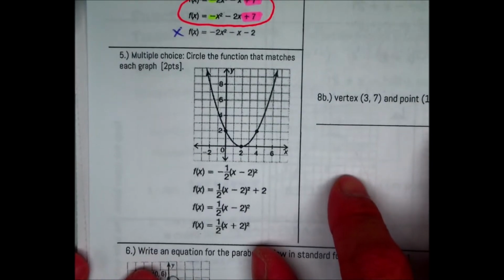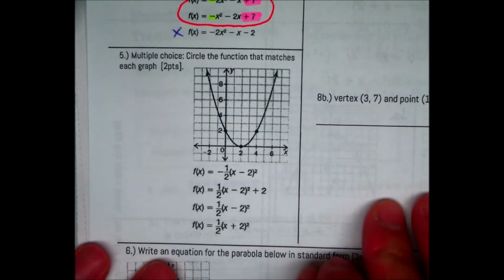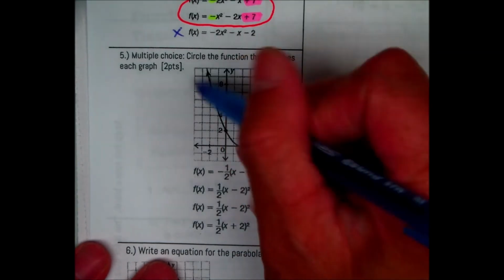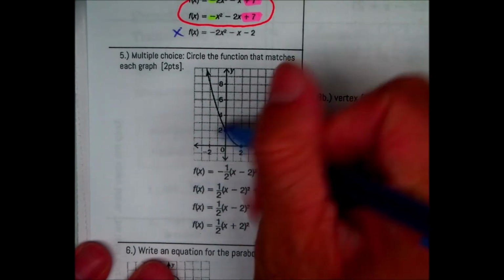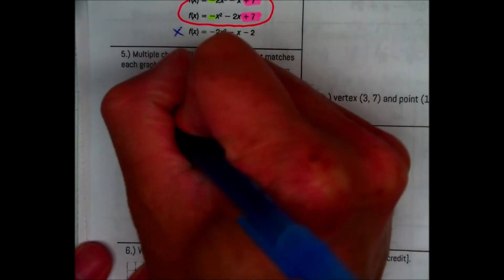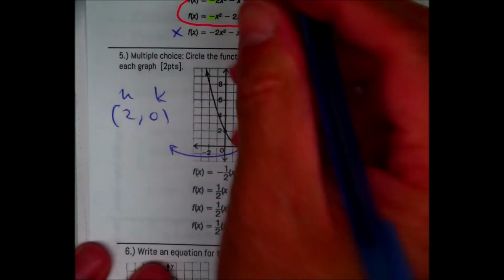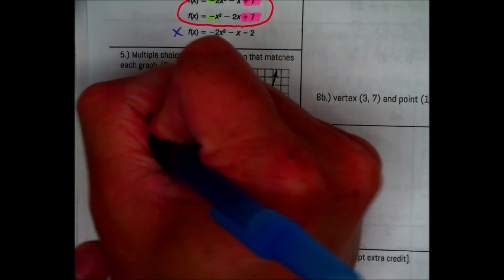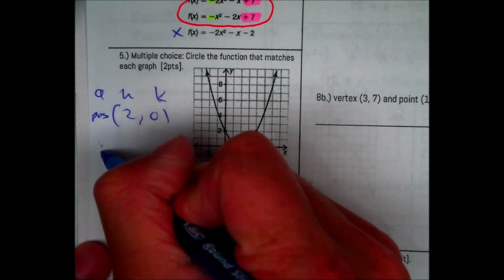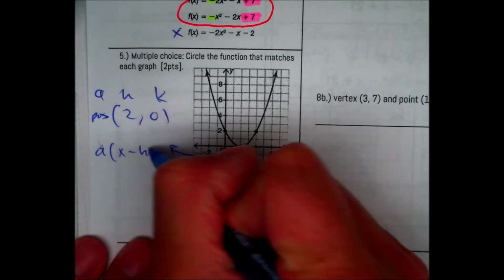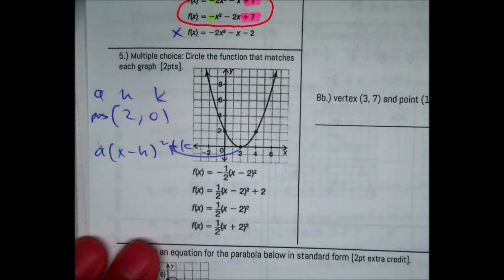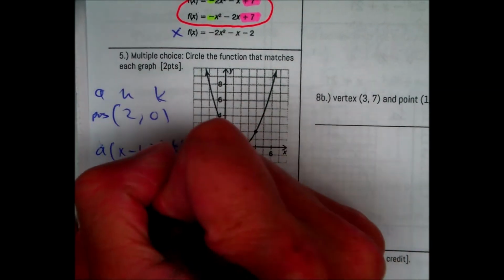Question number 5, circle the function that matches the graph. Notice my vertex here is at 2, 0, and that's my h and my k. And my a value has to be positive. So if I write a times x minus h squared plus k and just do the substitutions, let's say a is 1.